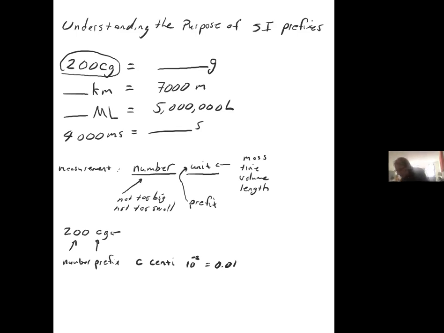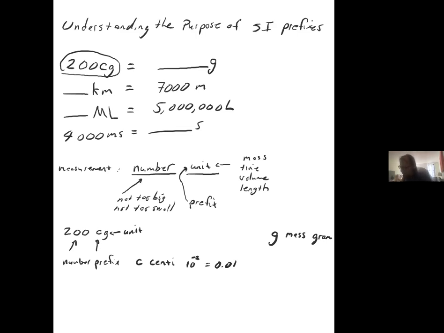And then you've got the unit here. One of the things that you'll practice working on is figuring out what the unit is from the symbol of the unit. We're not there yet. We're going to get into this in another topic. But g is a unit of mass, and g is short for gram. So a g is a gram, and that's a unit of mass, how much mass something has.